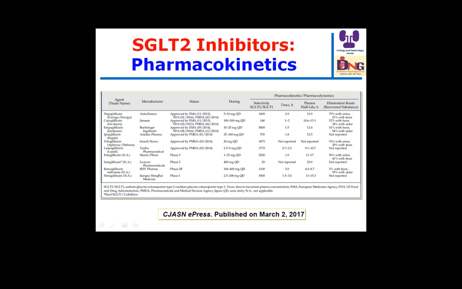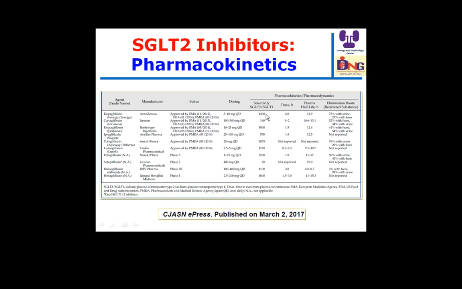Another table shows the names of the drugs, the manufacturer, the status of approval, and the dosage for each drug. And here you will find selectivity for sodium glucose cotransporter 2 and sodium glucose cotransporter 1.